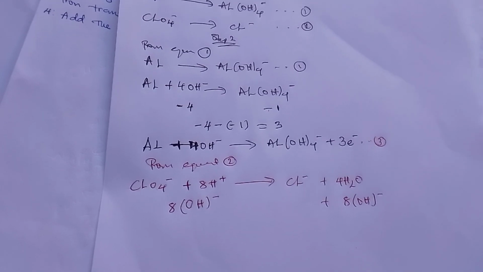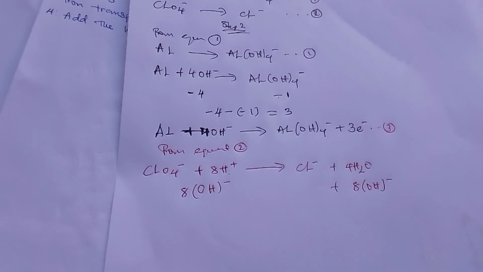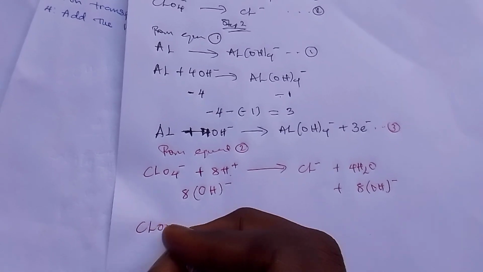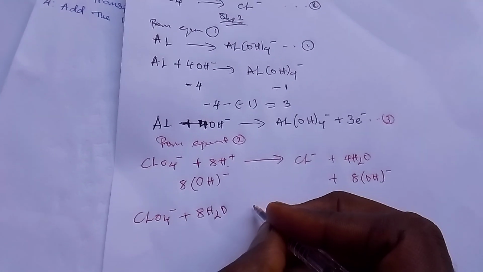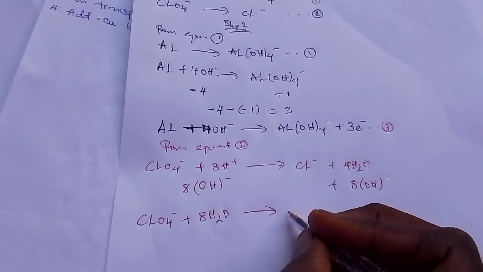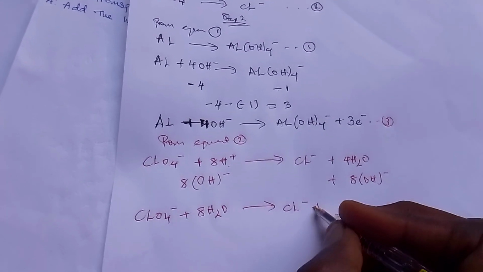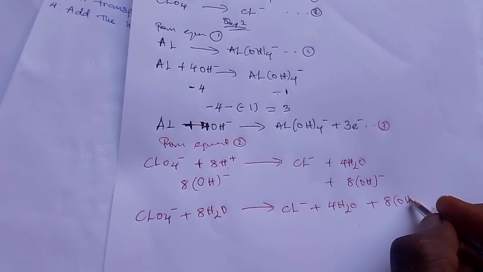When I've done that, hydroxyl combines with hydrogen to form water. My new equation becomes perchlorate plus 8H2O equals chlorine plus 4H2O plus 8 hydroxyl.